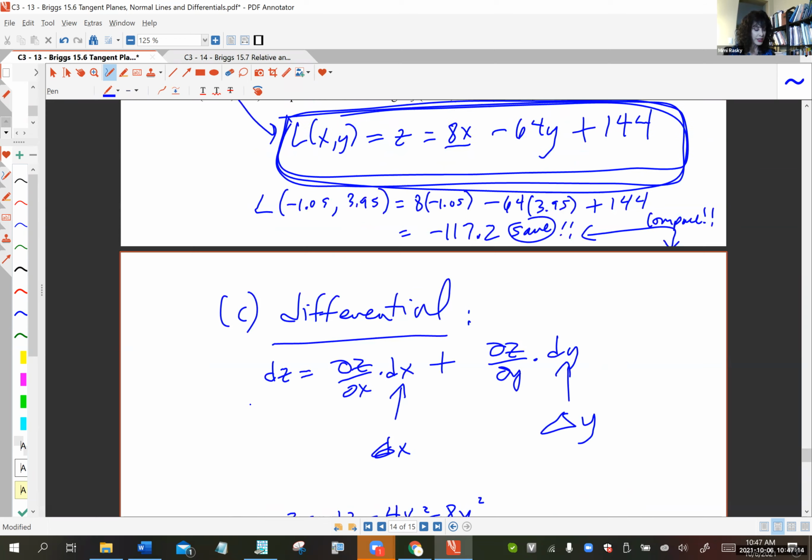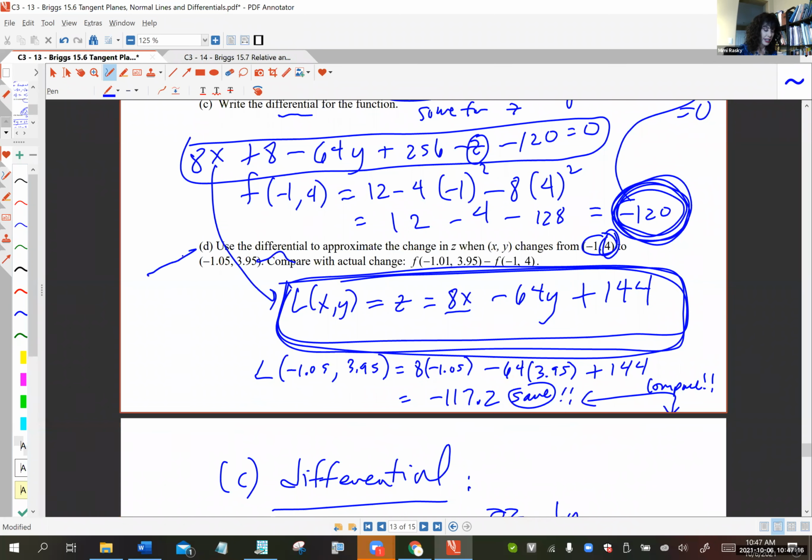Great. Now what? Well, now let's use it in letter D to approximate a change in z, a change in the altitude, when x, y changes starting from the point -1, 4 and finishes at the point -1.05, 3.95. Okay, and then we'll compare with the actual change.